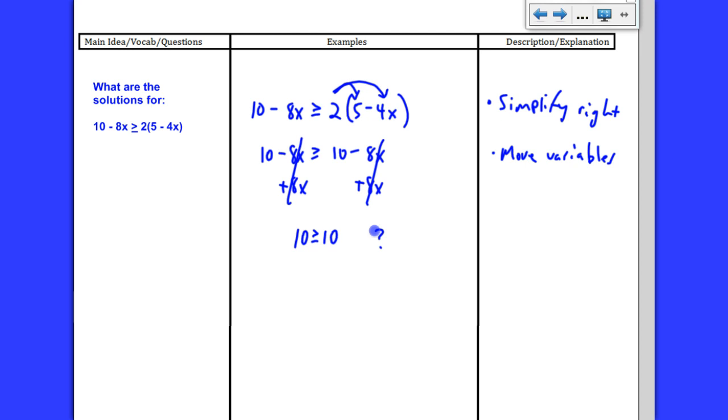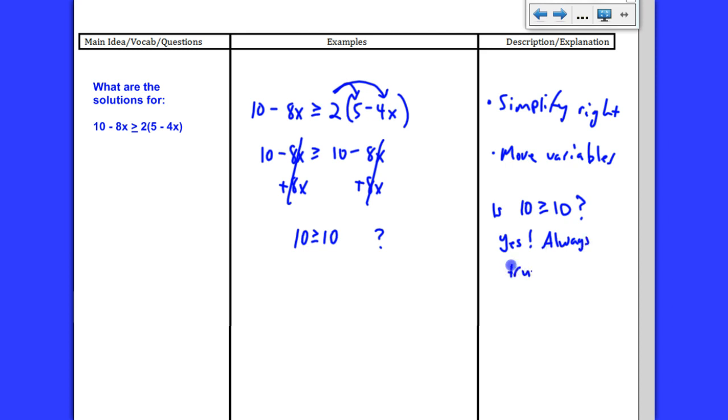And then you're thinking, well, what in the world does that mean? Well, here's the deal. Is this true? Is 10 greater than or equal to 10? Yes, it is. Is it always true? Yes, it's always true.